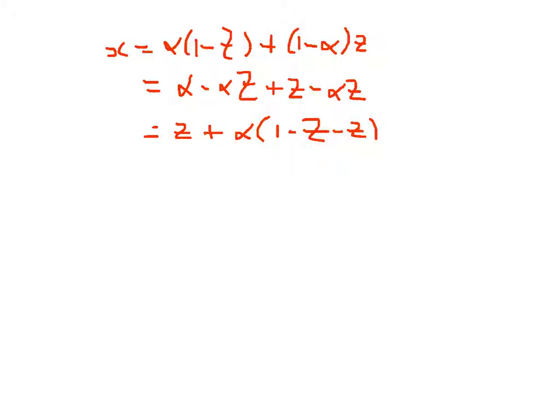The total surplus is 1 minus the fallback position of each party. This is the total wealth which is being created, right? And person 1 gets a share of that, which is determined in terms of their bargaining power. So this is alpha, right?